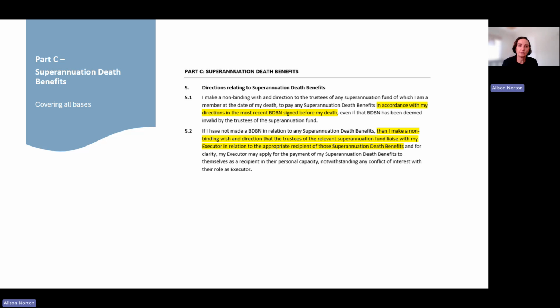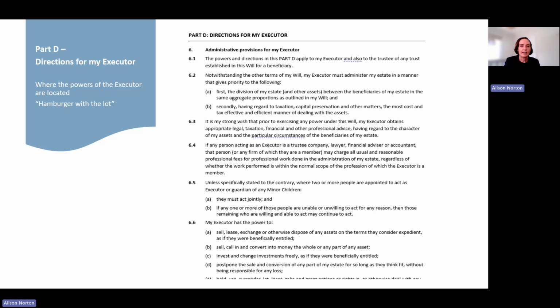Really, you need to make sure you've got a valid, up-to-date binding death benefit nomination form. If you need any more information about that, please let me know, but we have sent you some info about that, or we've discussed it in the meeting. There is information about your binding nomination in the letter of advice as well that comes with your draft will.